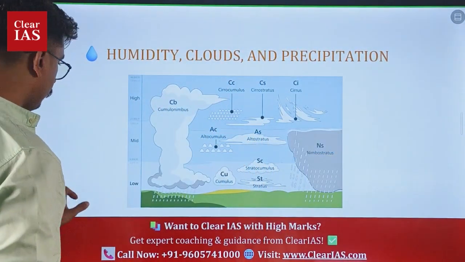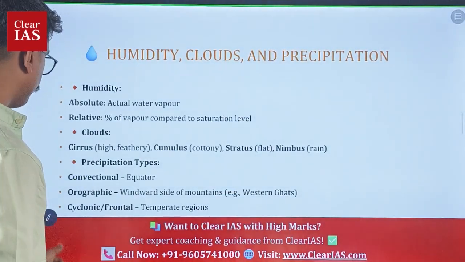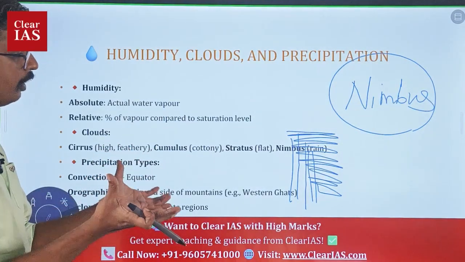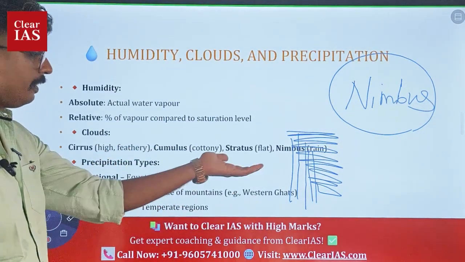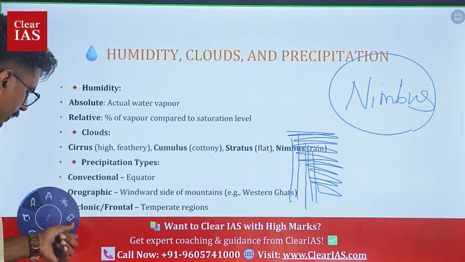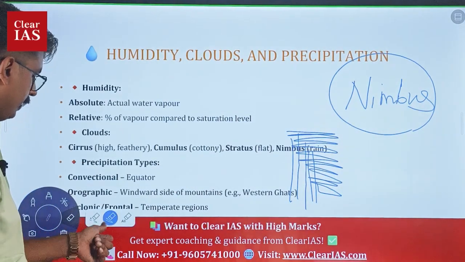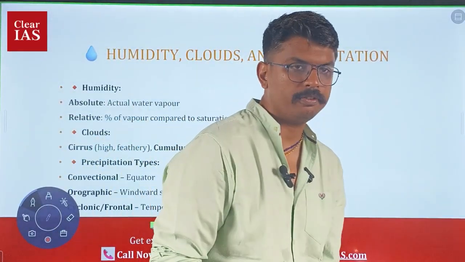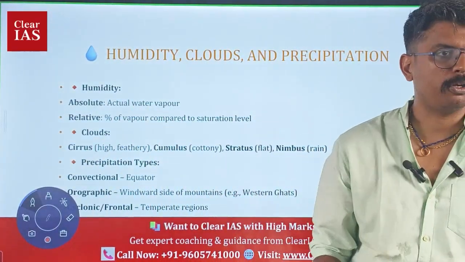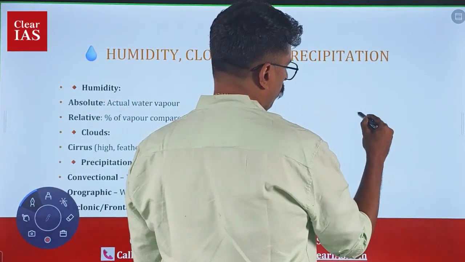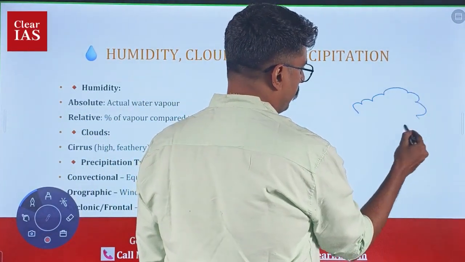Now let's go back to the slide and see the names. So cirrus, high. Cumulus, like cotton candy, right? Stratus is flat. And why would you want to learn these things? What is it useful for? Imagine you're walking with your girlfriend or boyfriend, and suddenly you see a cloud like this.